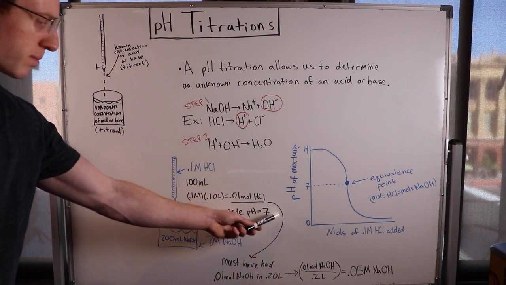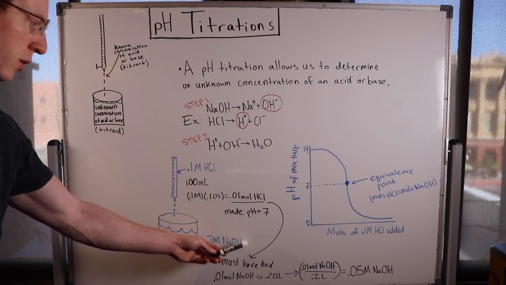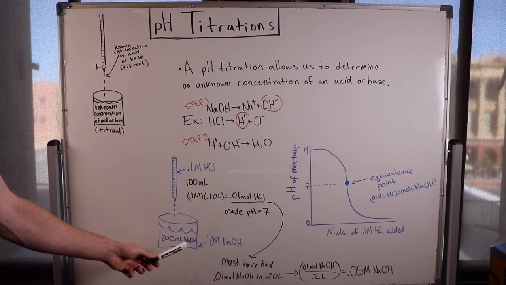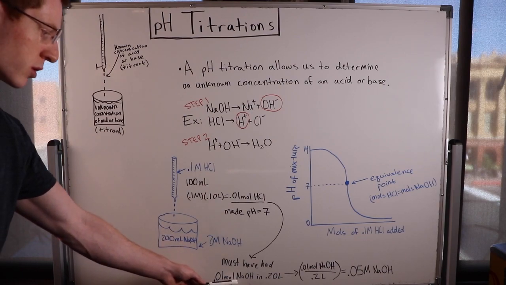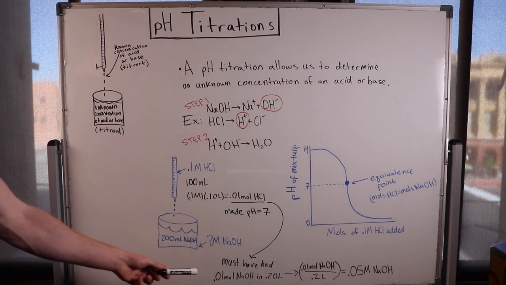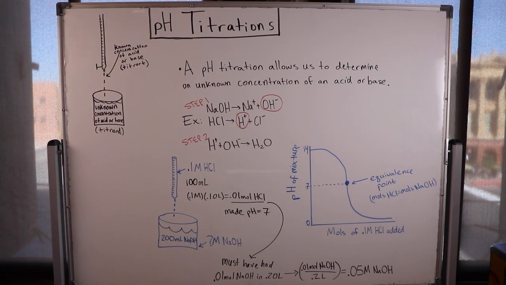So that means we must have had the exact amount of moles of NaOH. So if we added in 0.01 moles of HCl and it made the pH 7, we must have had 0.01 moles of NaOH for that HCl to precisely neutralize, because if we had any less or any more NaOH, the solution would not end up at 7 for pH.